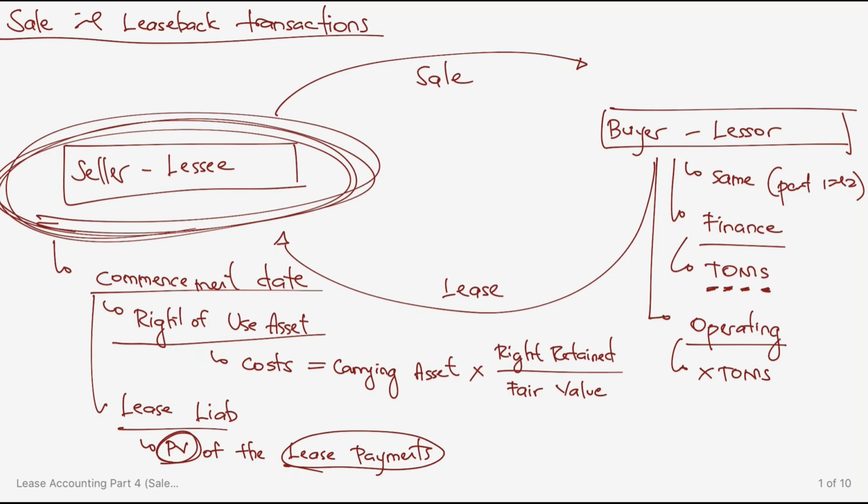Ikaw yung dating holder ng asset. Binenta mo at nilease mo lang pabalik, no need to consider all those. So, the cost of the right of use asset will now be equal to the carrying amount times the right retain over the fair value of the asset.